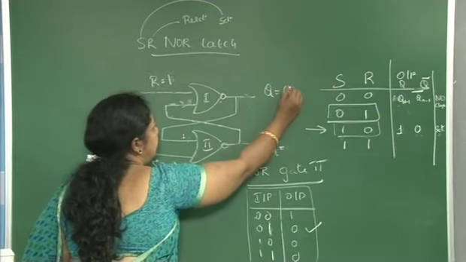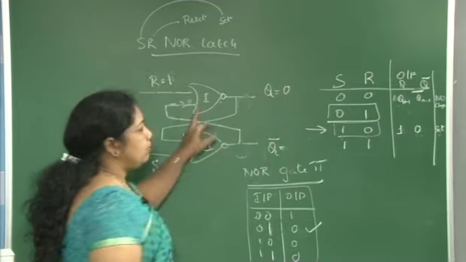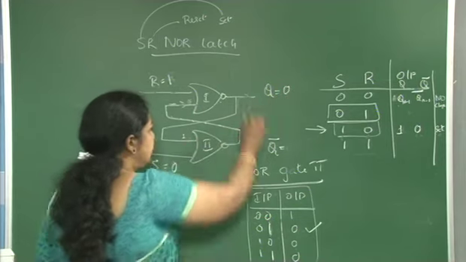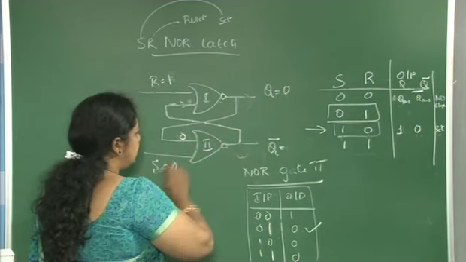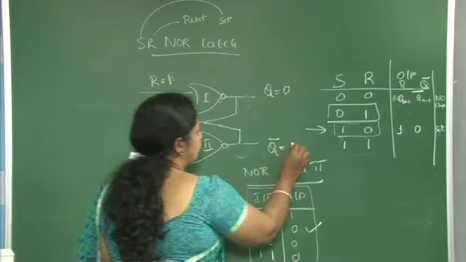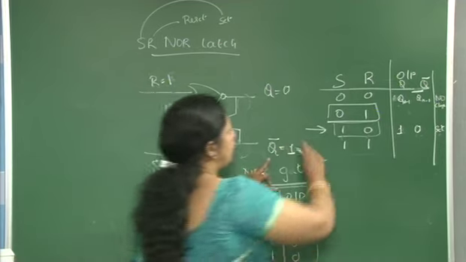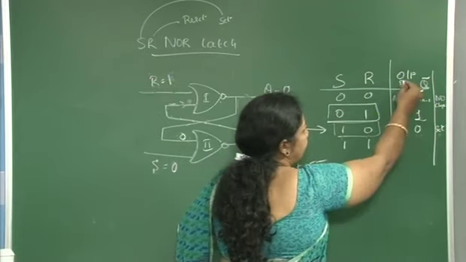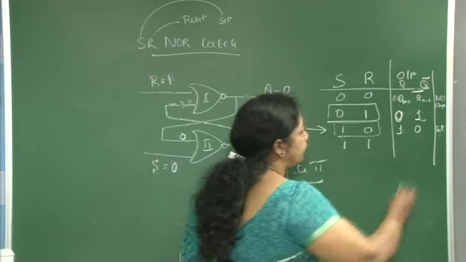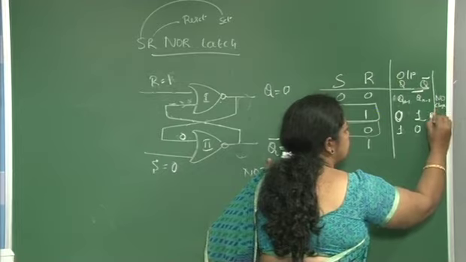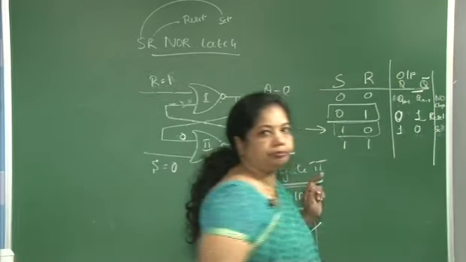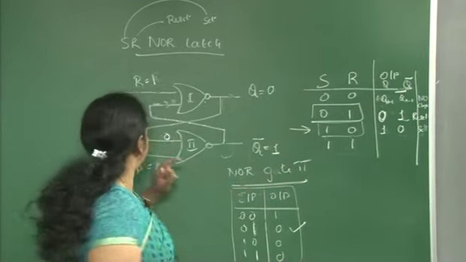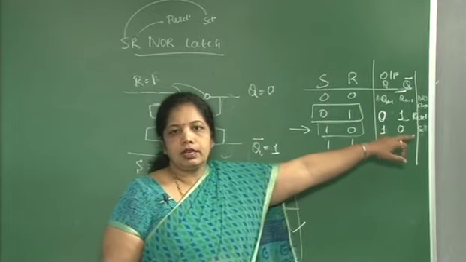So here the upper NOR gate output is 0. This 0 is fed back here, 0 and 0 you will get 1. So my output over here is 0, 1. If my Q output is 0, we call this the reset condition.